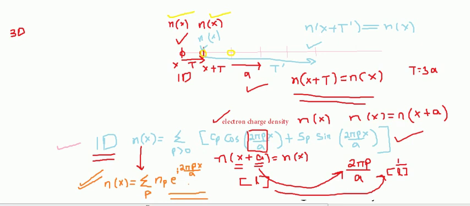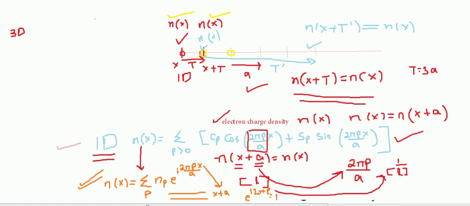From here also you can check that if I transfer this x to x plus a, then my n of x remains the same, because you can use the property that e to the power i into 2 pi and any integer p gives a value of 1. So this is the Fourier expansion in complex form.